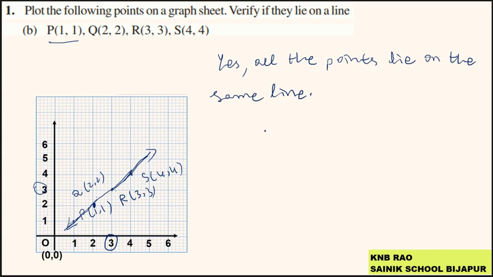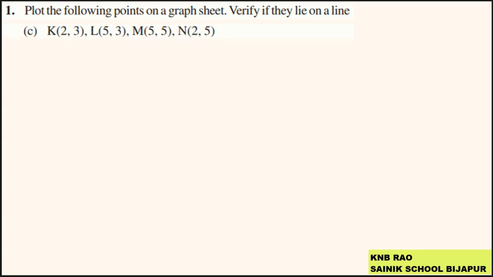If you want to name it, you can name it PS. Then moving on to the next question, where the points K, L, M, N are to be plotted on a graph sheet.